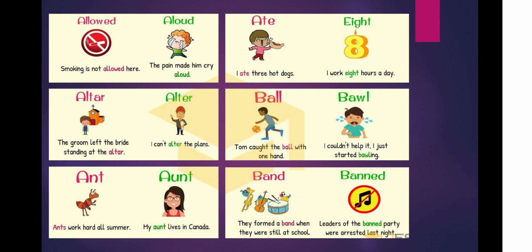So when we say that in public places cigarettes are banned, right? When we go to the forests, hunting is prohibited, which is banned, right? To prohibit something is to ban it. So here's the example: leaders of the banned party were arrested last night.